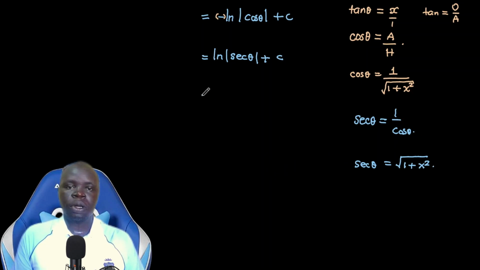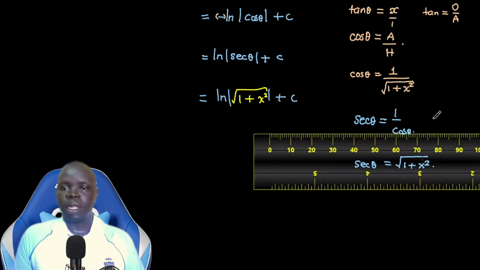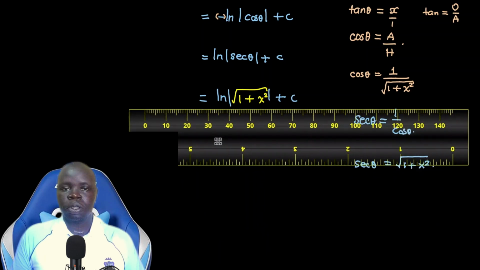So we can go on and make this replacement here where we have ln of the square root of 1 plus x square, and we close this plus our constant of integration, and that is the solution to our second question here.